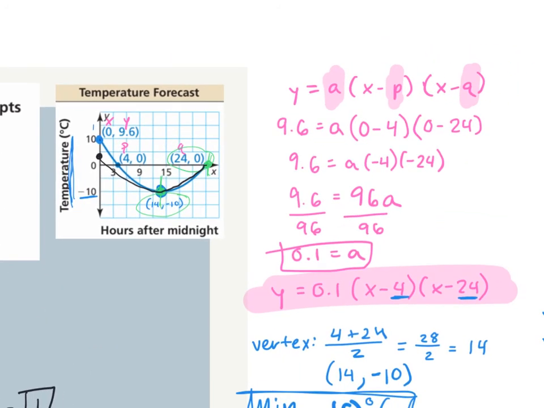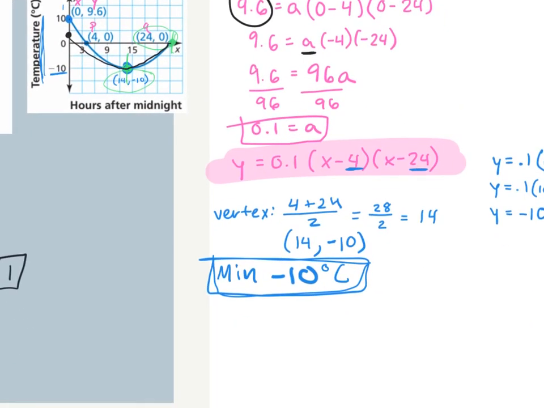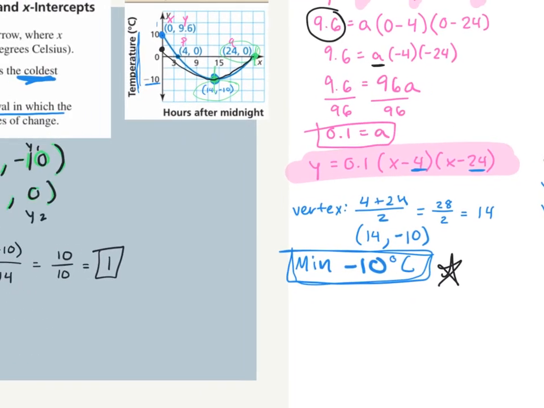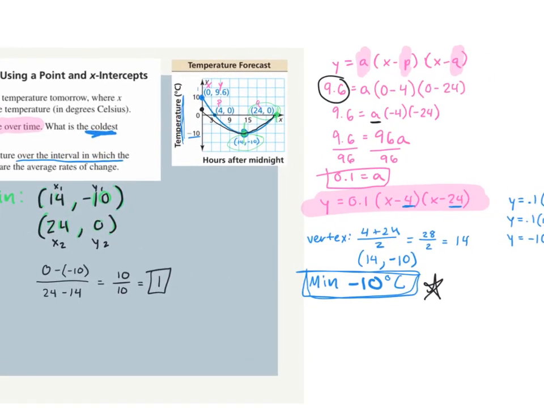If our y changed, that would change the y here, which would then change our a, which would change our whole equation. We would have a new equation, and it would pretty much just change everything. It would give us a new minimum here. It would change our max and min, so everything would change if our y-intercept changed.